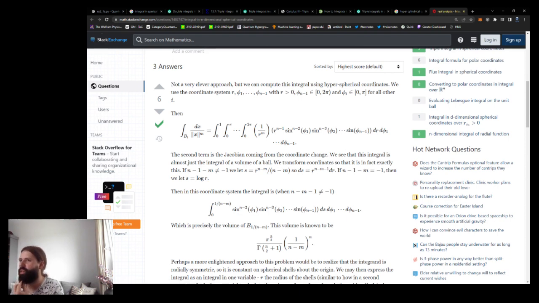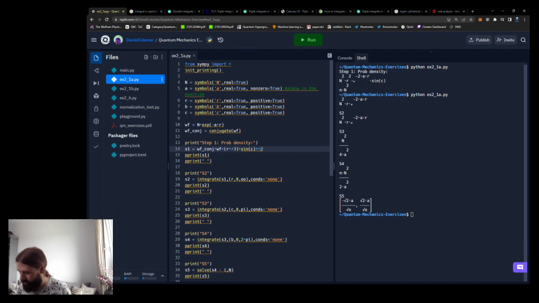Yeah, and so now you do this, and this seems too complicated for the first exercise in this book.